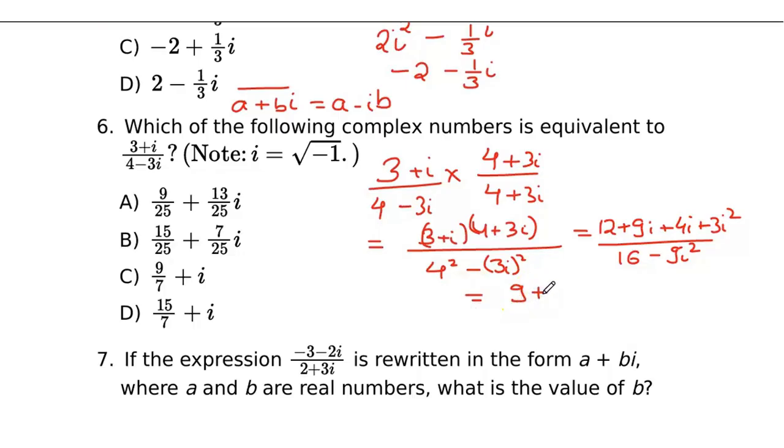Plus 9 plus 4, that is 13i, upon 16, and this will become plus 9. So that should be 25. So the final answer will be 9 upon 25 plus 13i upon 25. So this is our answer.